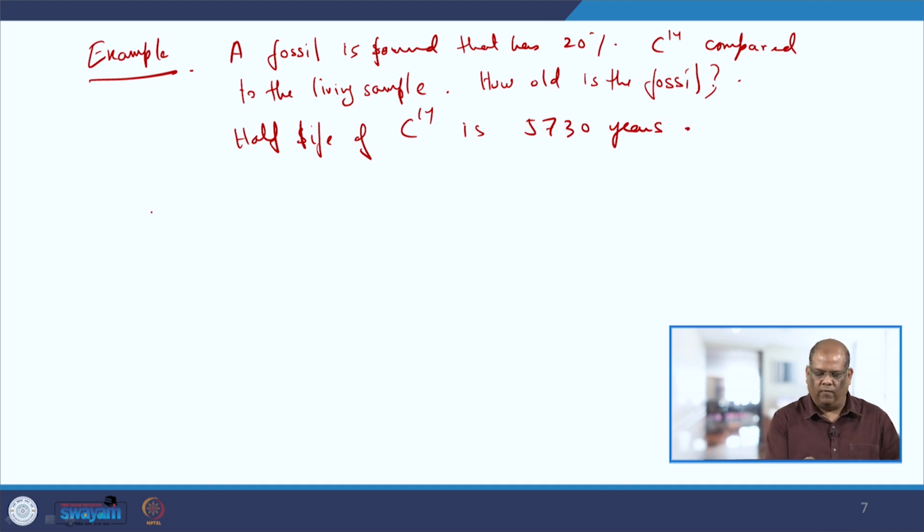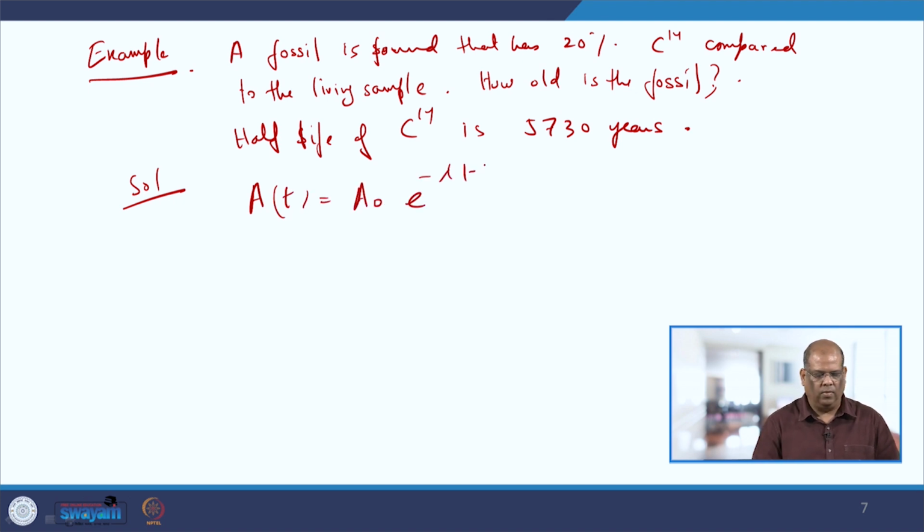So, you have the formula A(t) is equal to A0 e to the power minus lambda t, and it is told that you have 20% of the carbon 14 present compared to the living sample.